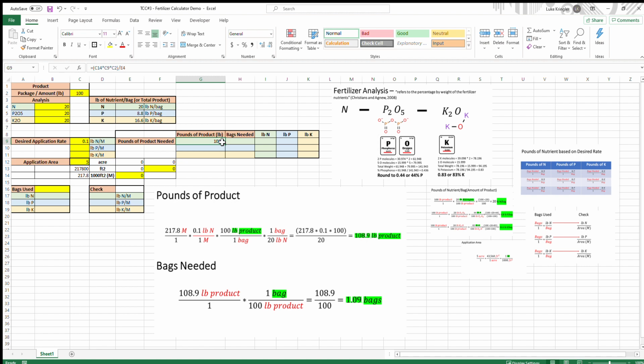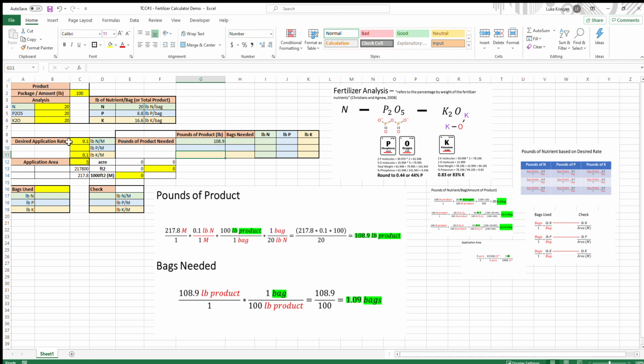At this point, I'm going to give a little note on hard coding cells. So the way I have the calculator set up is, say you wanted a specific rate of potassium. So if I wanted 1/10 of a pound of potassium, this calculator will give you the pounds of product that are needed to deliver that rate of potassium.